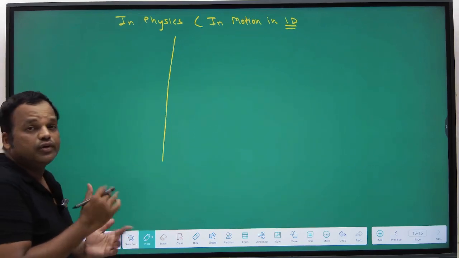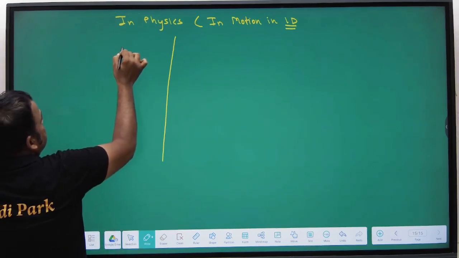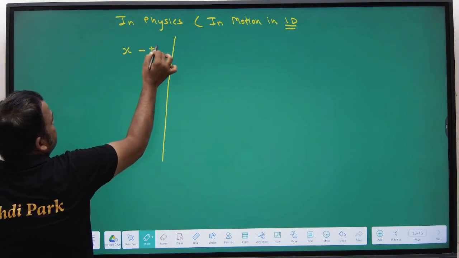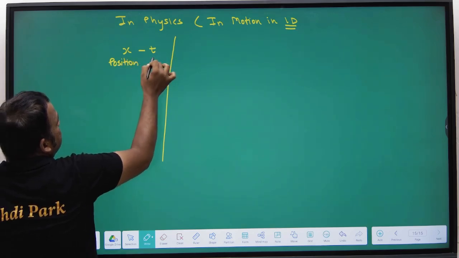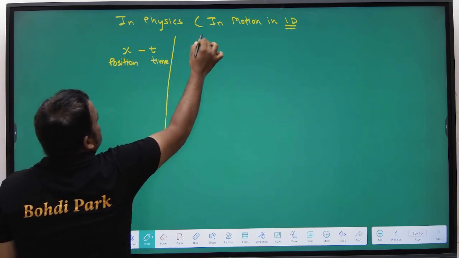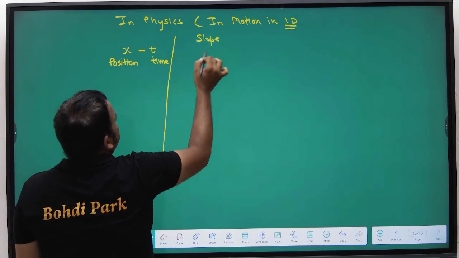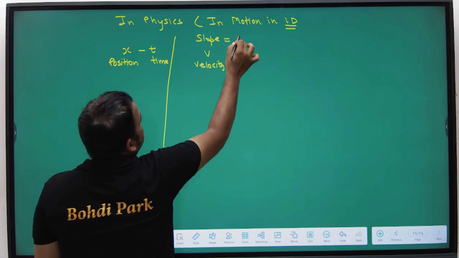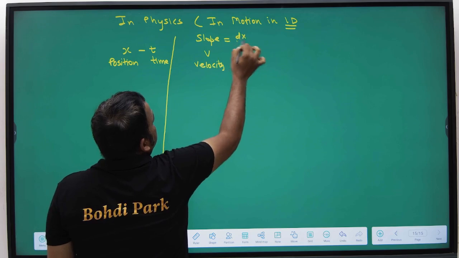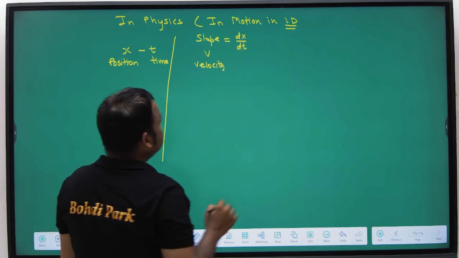So let's take two quantities at a time. So suppose we are taking xt, position x and time t. So the slope will be velocity, because the meaning of slope is dx by dt.